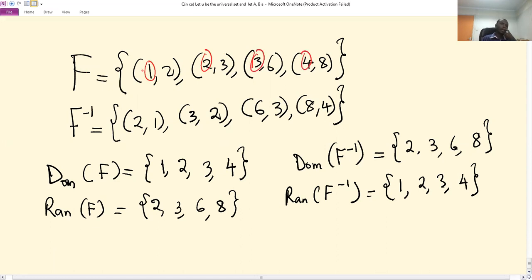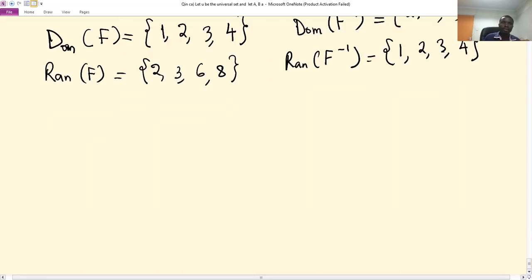Now, since in F, every pair has distinct first element, then the relation F is a function. In this F inverse, this is 2, this is 3, this is 6, this is 8. All of them are distinct, so also F inverse is a function. So this is the explanation.